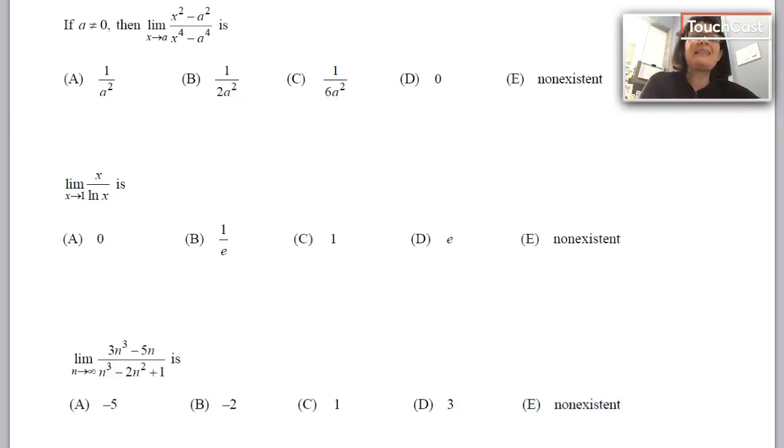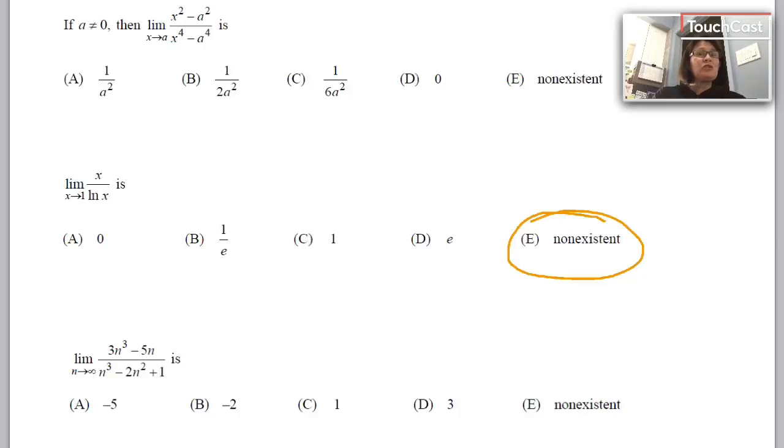Well, natural log of 1 is 0. So I do not have what's called an indeterminate form. I do not have a 0 over 0 problem or even an infinity over infinity problem. I have a 1 over 0 problem. 1 over 0 is undefined. This limit does not exist.